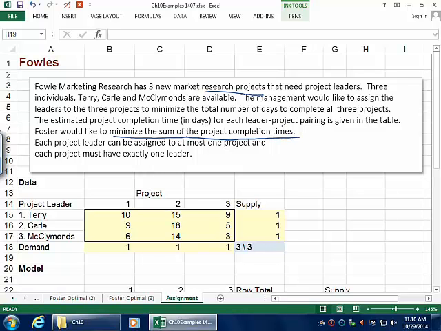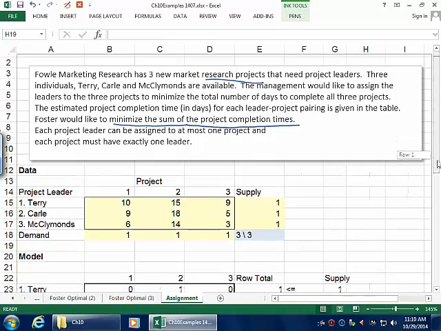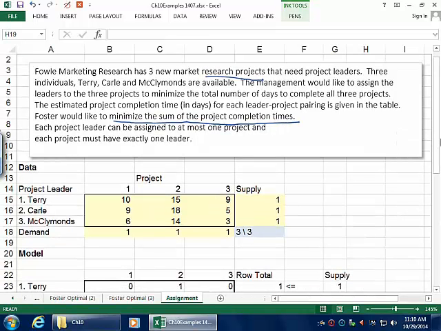So that is, if I sum up the time it takes to do project 1 plus project 2 plus project 3, that sum should be the minimum possible. Okay. And it says that each project leader can be assigned to at most 1 project, and each project must have exactly 1 leader. So we could think of this again as a transportation problem.